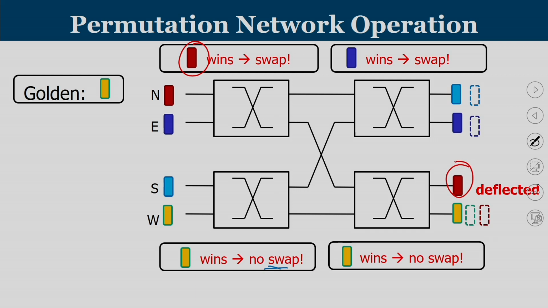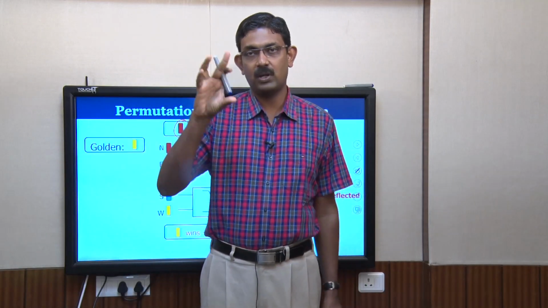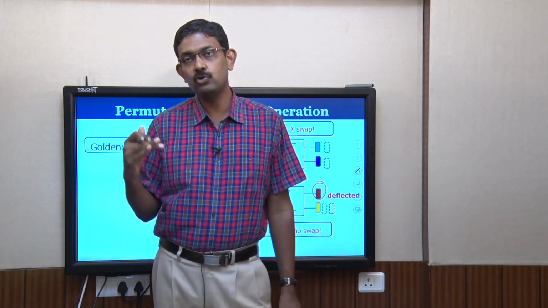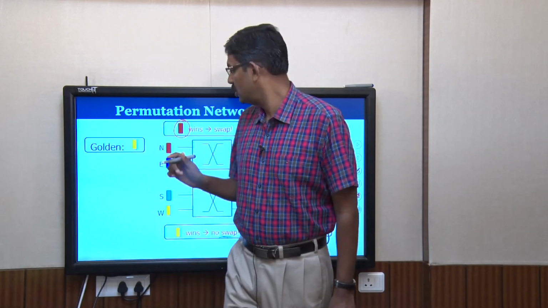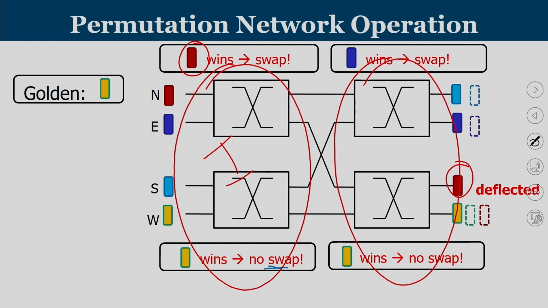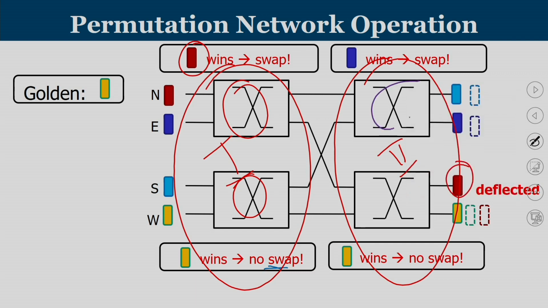Now what we have to understand is the permutation deflection network will consist of two permuter stage 1 units working in parallel. After that, we have two more permuters, that is stage 2. So, this whole thing is going to be stage 1 and this whole thing is going to be stage 2. Both the units of stage 1 are going to work in parallel. Similarly, both the units at stage 2 are going to work in parallel.